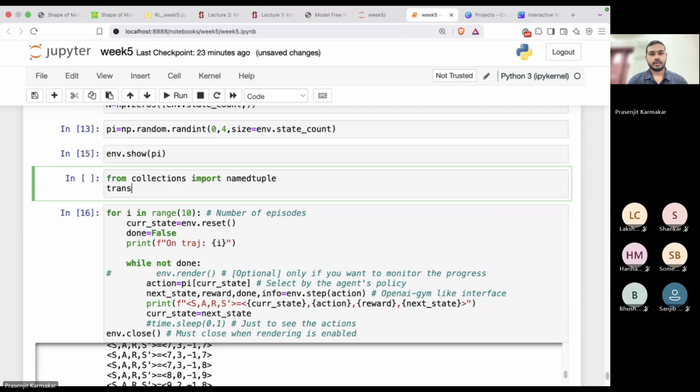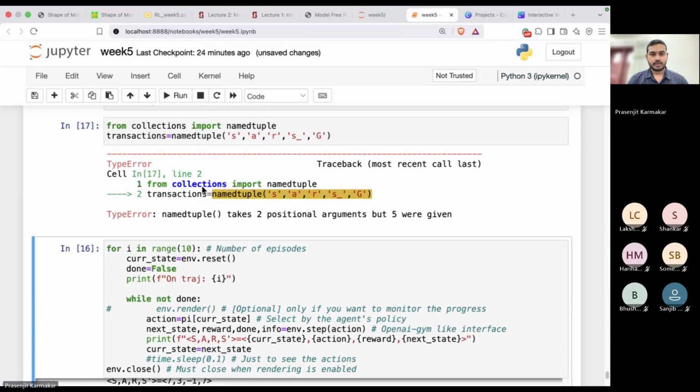Now, transaction, because it is your S, A, R, S prime pair. Transaction is equal to namedtuple, and here you pass what are the different things you want to track: S, A, R, S prime, and G. That I want to track.